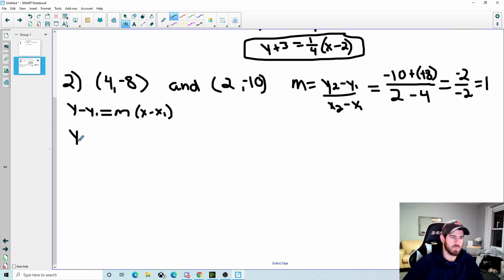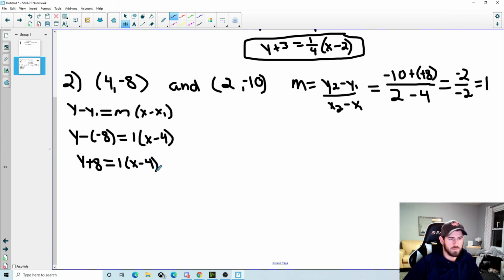So y minus y1. y1 is negative 8, so again we're going to have that double negative situation, which is fine. And then equals 1 times x minus x1, so it's x minus 4. And then we just work to simplify it. The double negative makes it positive, so I get y plus 8 equals 1 times x minus 4.